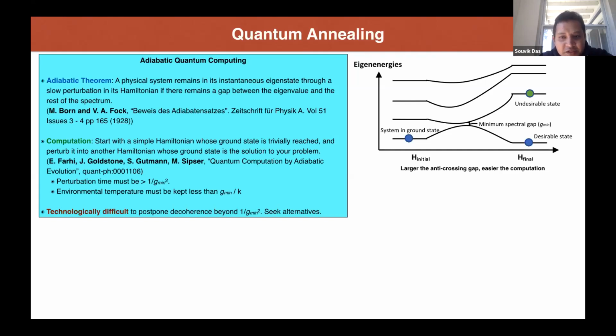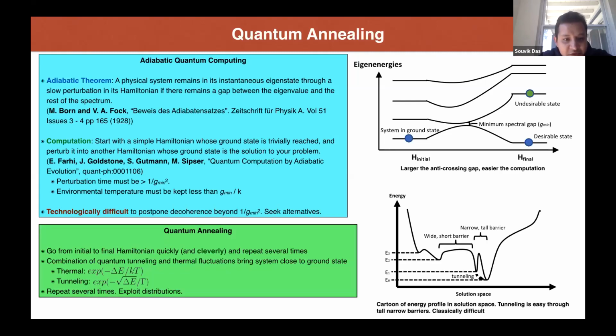This turns out to be technologically difficult, since the system has to stay quantum, and you have to postpone decoherence beyond 1 over G-min squared. This is not something you can still achieve in the lab.